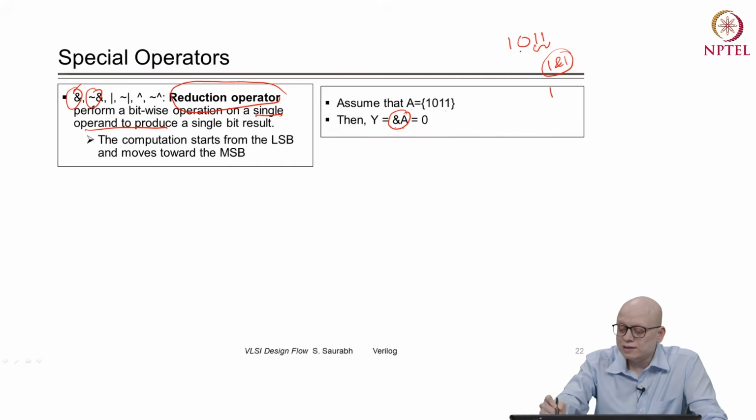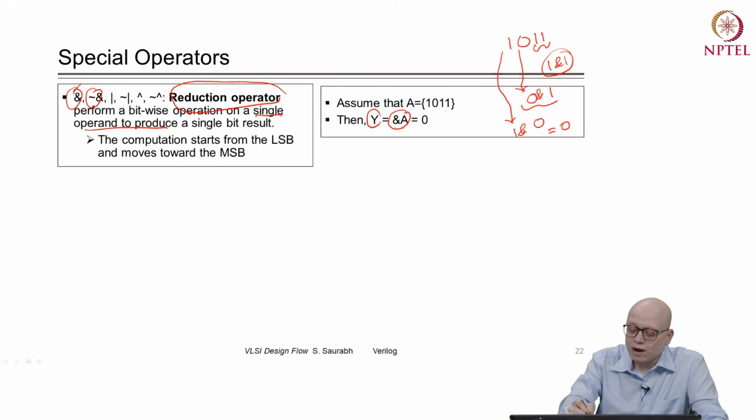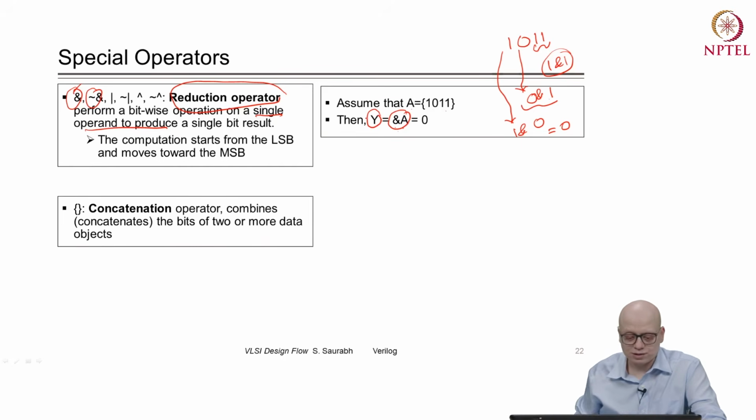Then it will take the next one, 0 and 1, and the answer will be 0. Then it will take the third one, 1 and 0, and the answer will be 0. So, the final value of y will be 0 in this case. This is how the reduction operator works.